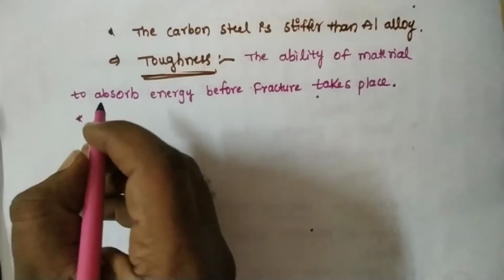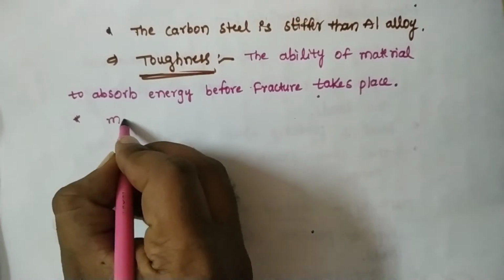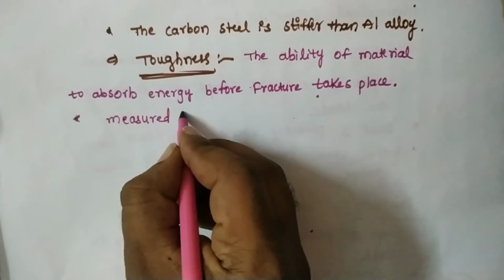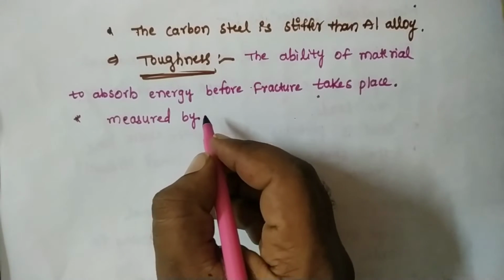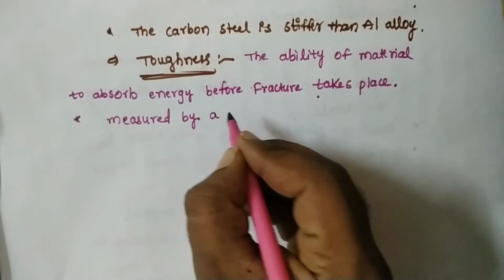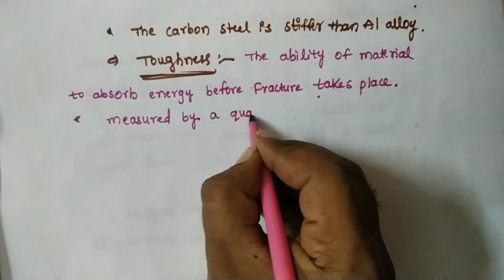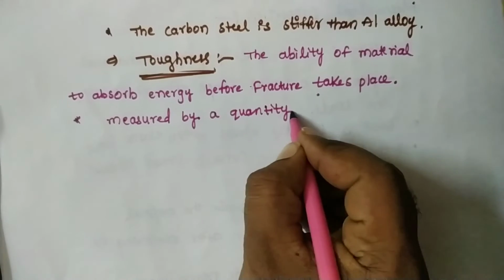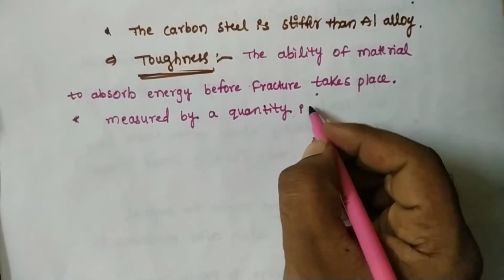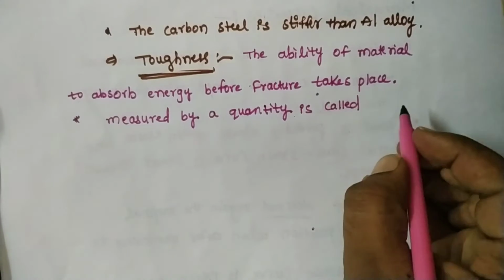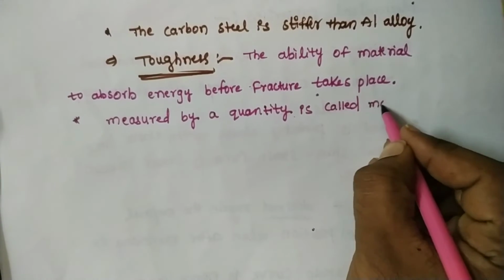How do we measure toughness? Toughness is measured by a quantity called the modulus of toughness.